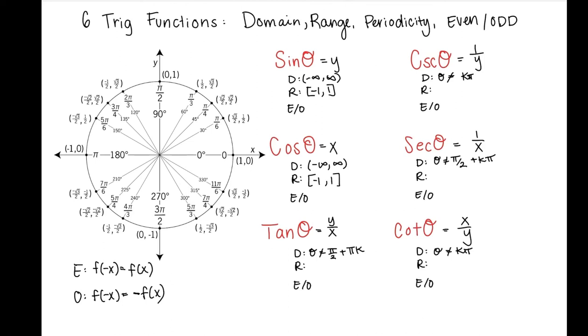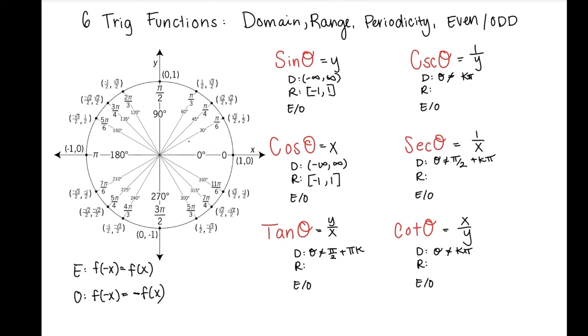So let's take a look at the sine function. Let's take the angle 30 degrees. If I take sine of 30 degrees, my output, my f of x, should be 1/2. Now, I'm going to plug in sine of negative 30 degrees.